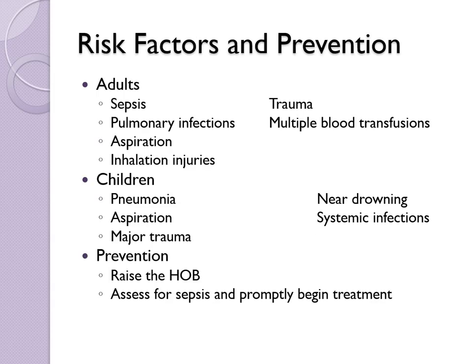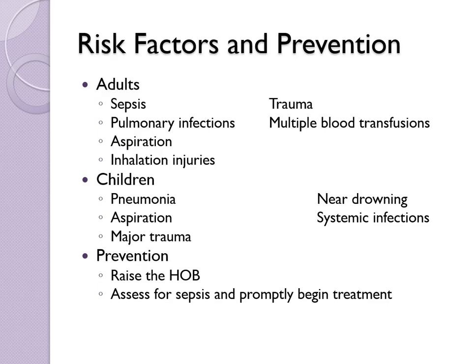So let's talk about risk factors and prevention. For our adults, sepsis is probably the number one risk factor and cause of why people go into ARDS, followed by pulmonary infections. I don't know why your book doesn't say pneumonia, but it didn't. And usually it's pneumonia that led to sepsis is what we see. Aspiration will do it. Inhalation injuries, trauma.